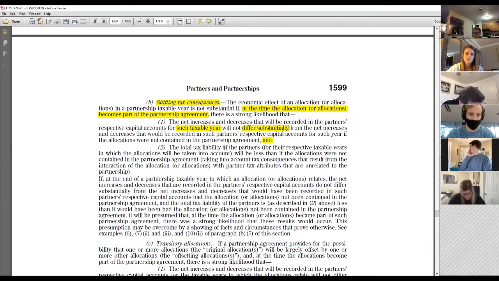And then if there's no substantial difference in those capital account balances, we also have to ask the second question, which is, does the total tax liability of the partners go down as compared to the baseline?